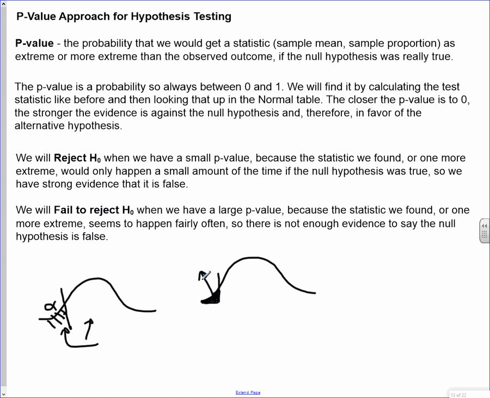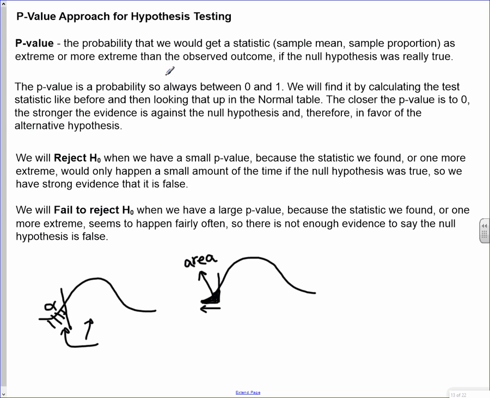But that probability that we find now, the area down here, is going to be called our p-value. The p-value is the probability that we would get a value as extreme or more extreme than the value that we got. So you're finding that area related to the statistic you got.